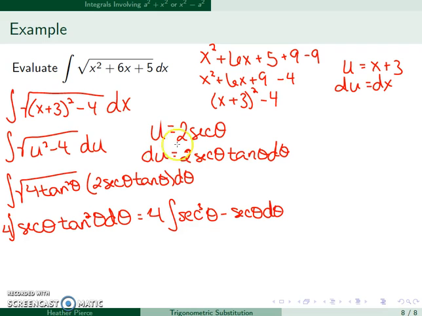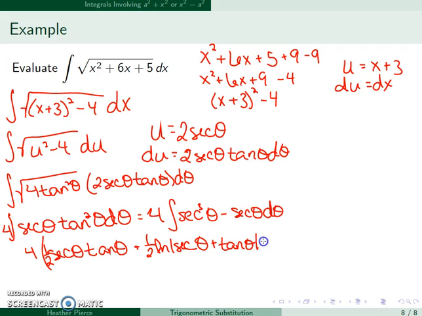And for secant cubed, I get secant theta tangent theta plus, 1/2 of all of this, plus 1/2 the integral of secant theta, which is ln secant theta plus tangent theta. And then I have minus the integral of secant theta. So minus ln of secant theta plus tangent theta.